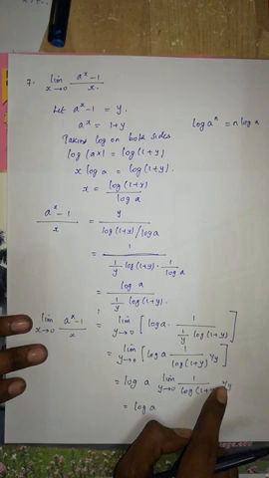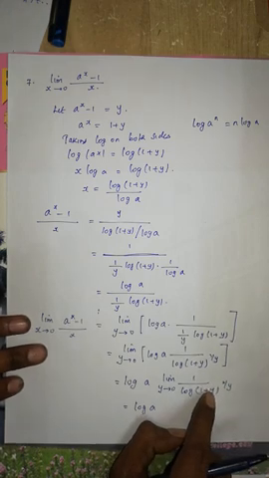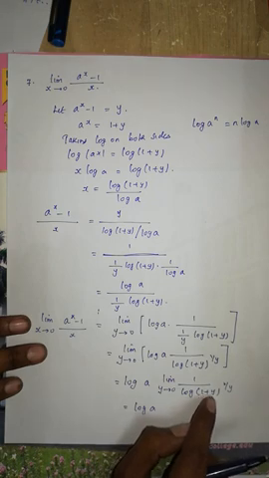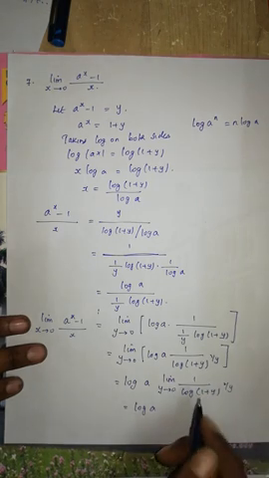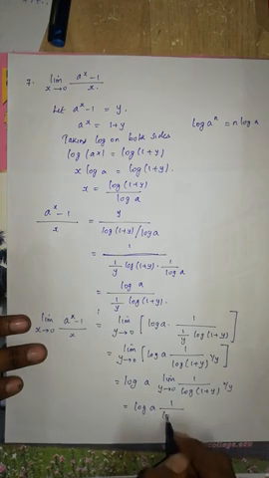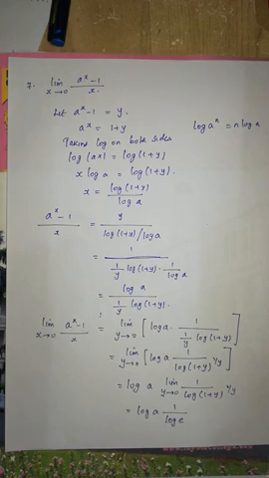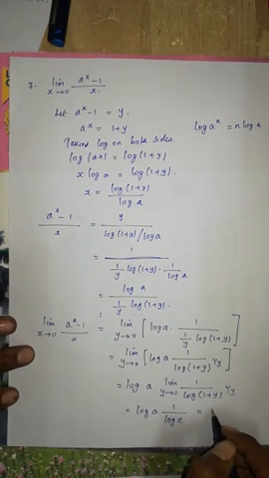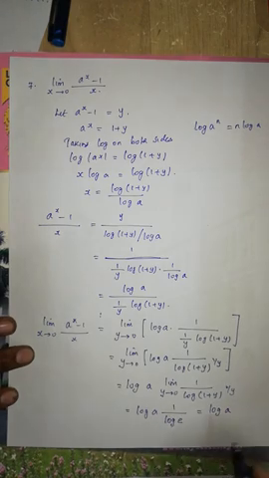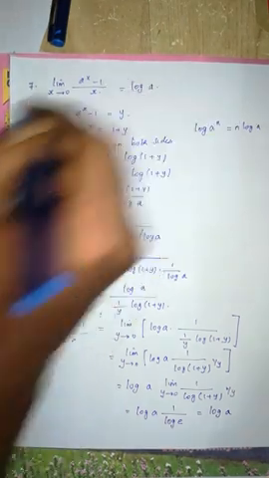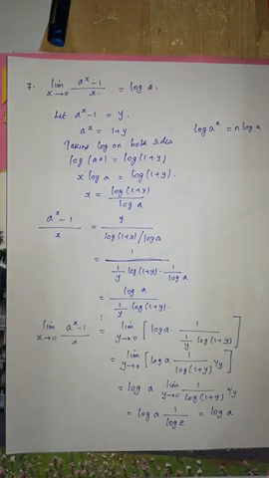This is e. So we have solved the previous sum, 1 plus n whole power 1 by n. So this will be 1 by log e, and log e is 1 again. So this will be log a. So the limit for this function is log a.